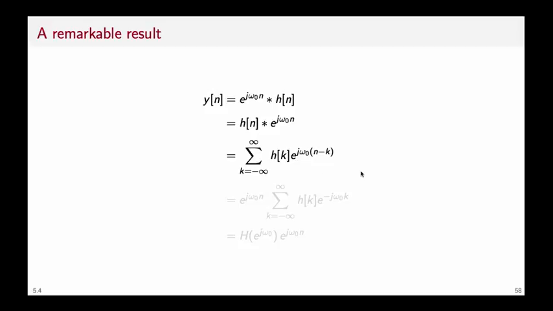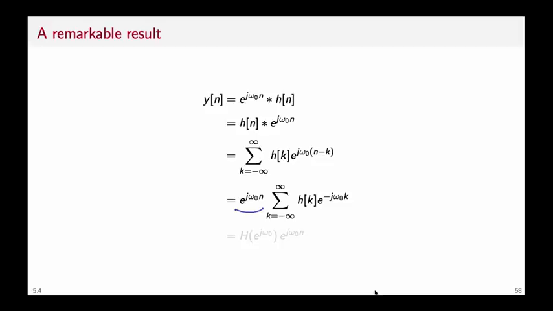Now we can take the constant term that doesn't depend on k out of the sum, and we have a leading term of e to the j omega 0 n that multiplies the sum for k that goes from minus infinity to plus infinity of h of k times e to the minus j omega 0 k.